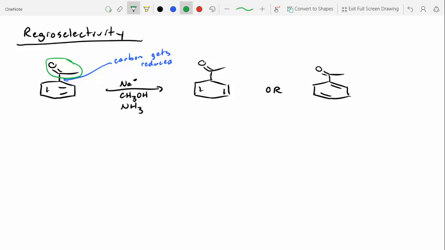Withdrawing, right? If we draw resonance structures, you can actually draw resonance structures where you do something like this. You can take one of these pi bonds, let me erase this for a second, dump them up here and pull electrons up onto this oxygen. So if we think about it, it's not pushing electrons into the ring. If anything, it's pulling electron density out of the ring. So we can label this as an electron withdrawing group.